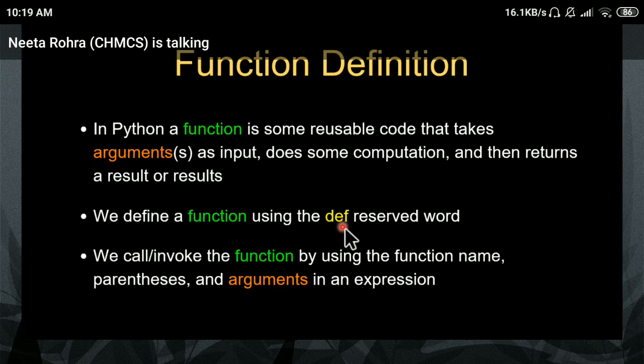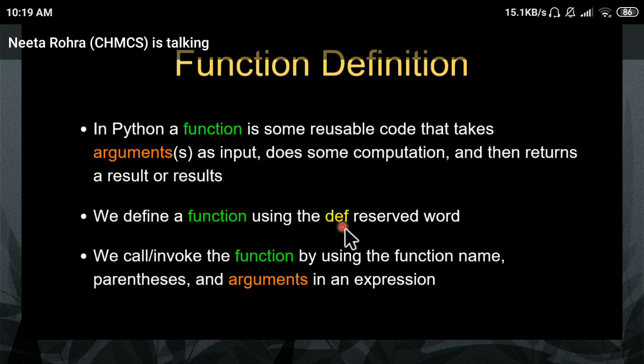That means your function definition will start from this point. Whatever lines are below that are the body of that function, until and unless the indentation goes one step backwards. Till that point, whatever is within that is the body of the function.